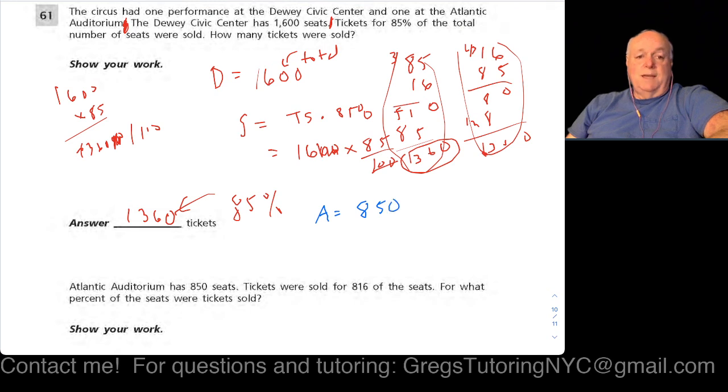Tickets were sold for 816 of the seats. So sold was 816. Find the percent that was sold. So it's the sold out of the total. Okay, so that would give us 816 over 850.